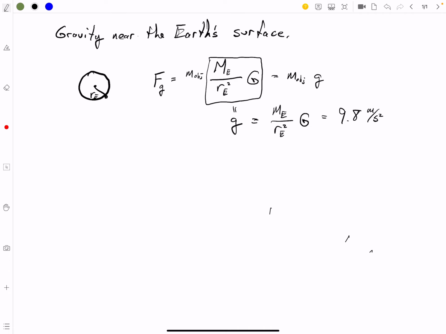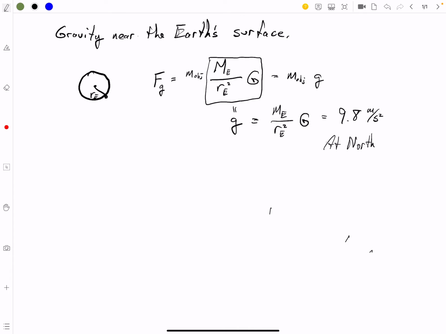I just looked at one of the problems that I assigned for the homework a little bit ago, and at the North Pole, and this kind of makes sense, it needs to be a little bit larger at the North Pole. Why would it be larger at the North Pole? It's because you're not spinning around with the loss of the centripetal acceleration because of your spinning at the equator.